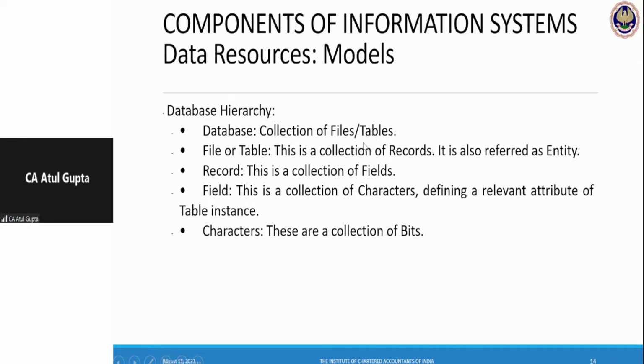Your database is a collection of file tables. A file is a collection of records. Records are made out of fields. A field is made out of characters, and a character is made of bits. So bottom up, bits result into field, to record, to file table, and that to database.